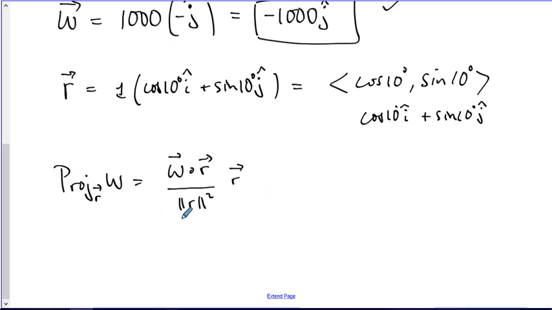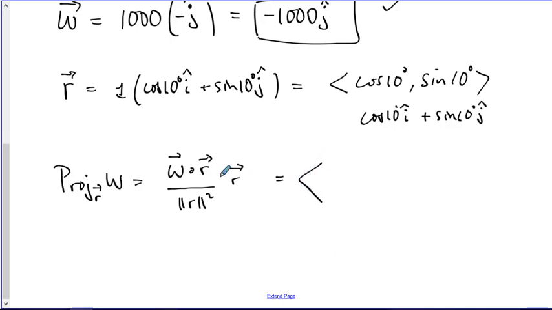But remember, the magnitude of the ramp vector is 1, so that greatly simplifies this calculation. Magnitude squared is still 1. So this amounts to just finding the dot product of w and r, and then multiplying that scalar value by r.